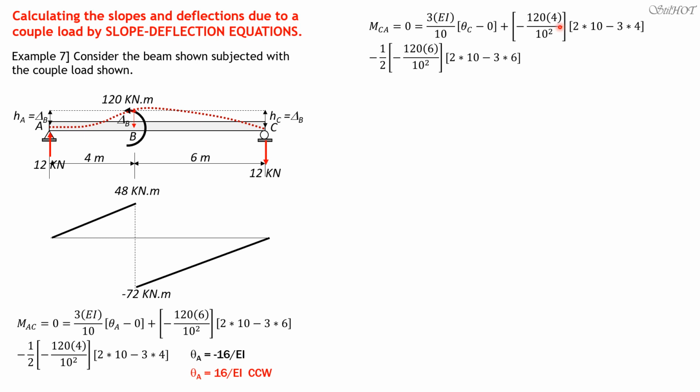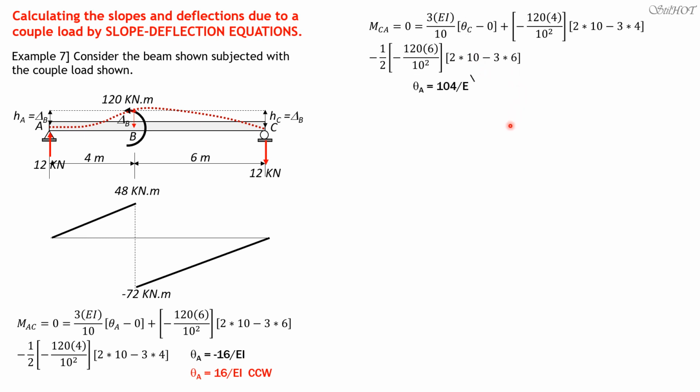Then the fixed-end moment at A is negative 120, 6 over 10 squared times 2L minus 3B, because the moment at A is M times B over L squared, quantity 2L minus 3B. So simplifying this equation, we only have theta C as the unknown.